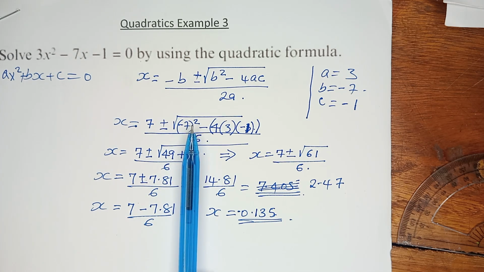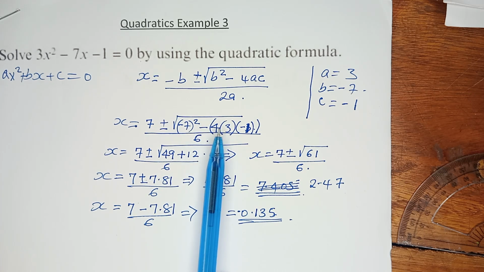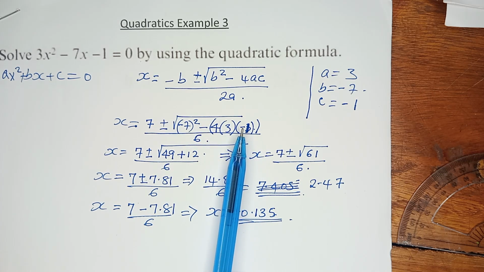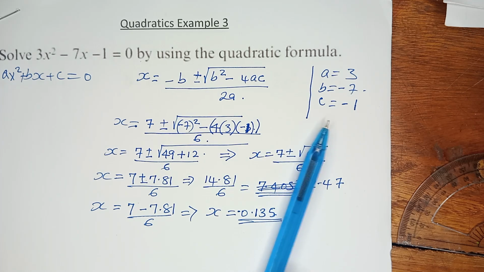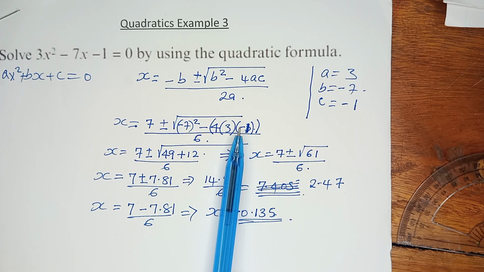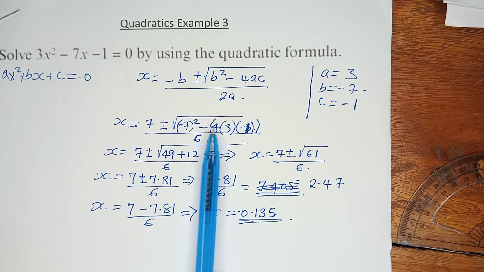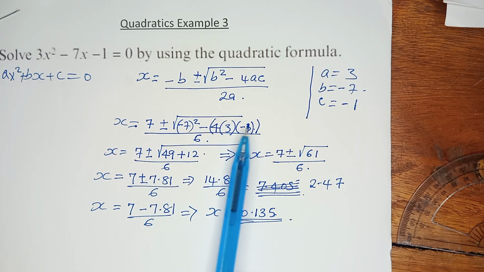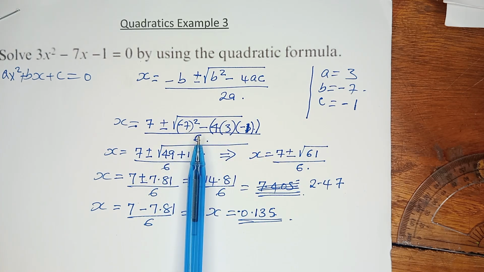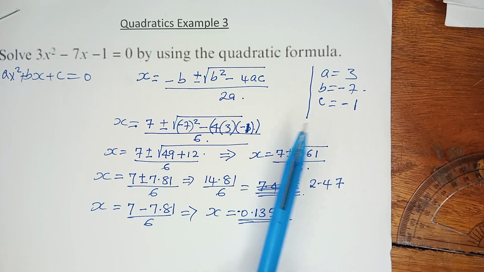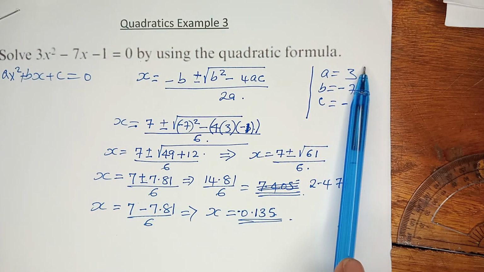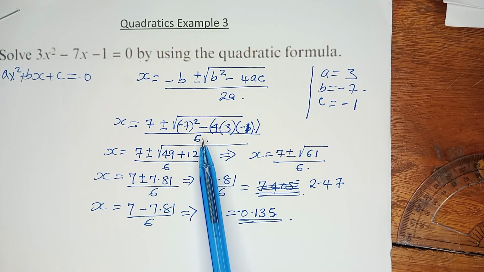So (-7) squared minus 4ac, and our c also happens to be -1. So that's what we are doing here. So minus 4ac, everything over 2a, where a is 3, 3 times 2 is 6.